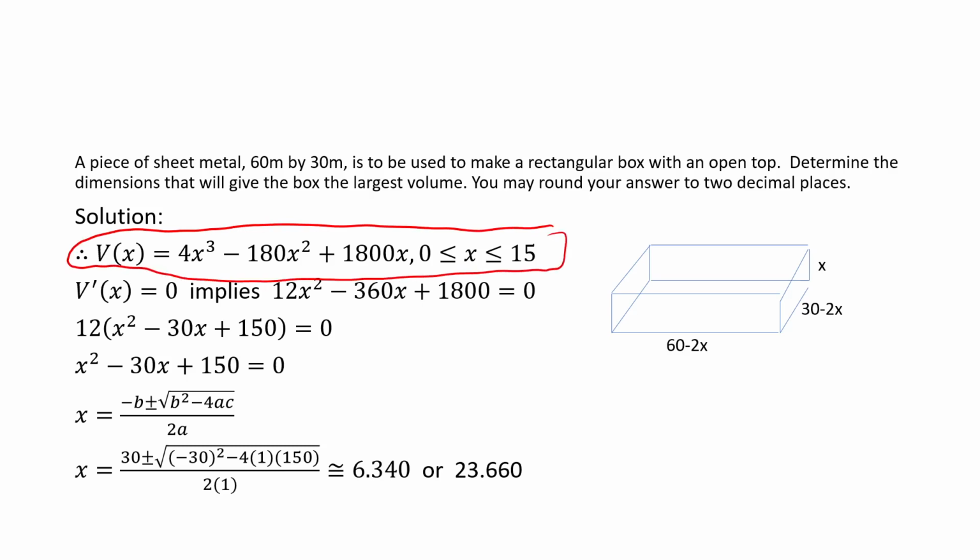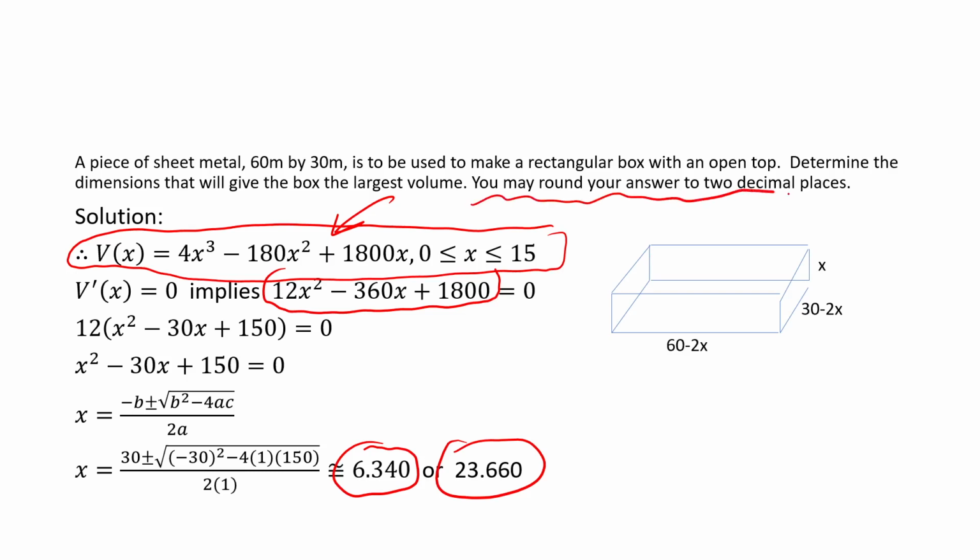So we want to determine the derivative of our volume formula and set it equal to 0. When we do that, we get 12x squared minus 360x plus 1800 equals 0. Well, that's not going to be solvable with integers, so we can rely on our quadratic formula, and we'll see that x is either equal to roughly 6.340 or 23.660.